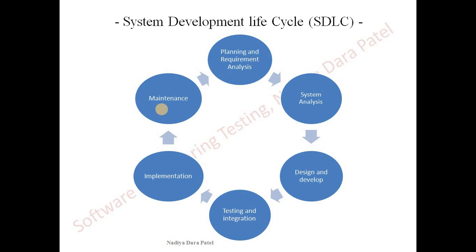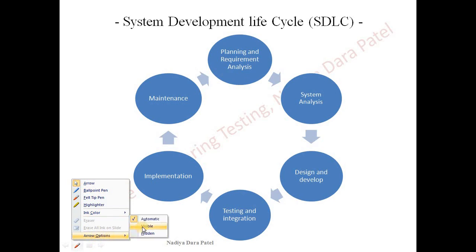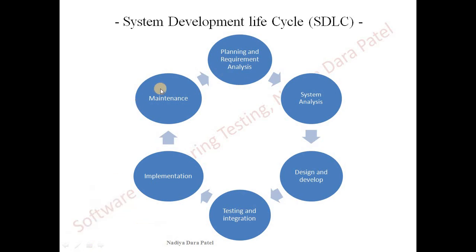While speaking about diagrams and theories, after testing and integration there is the phase of implementation, that is installation. This is where you actually implement your software. And finally, you have the phase of maintenance.